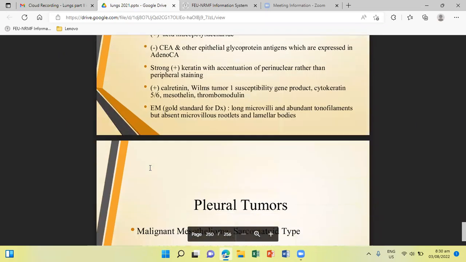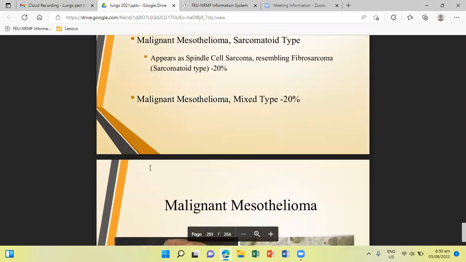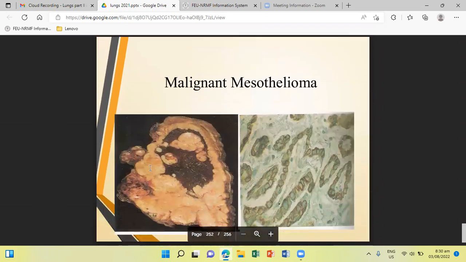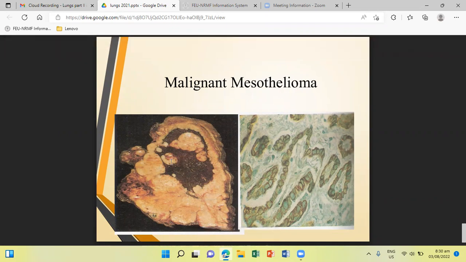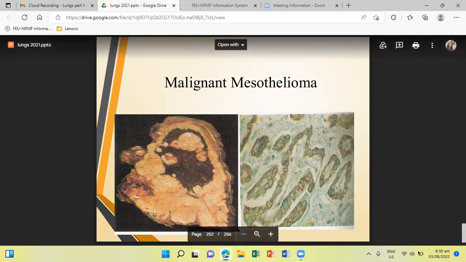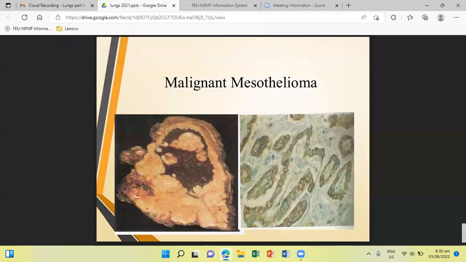This is an example of mesothelioma. It encases your lung, and the most common histology would appear as glands, as you can see here.